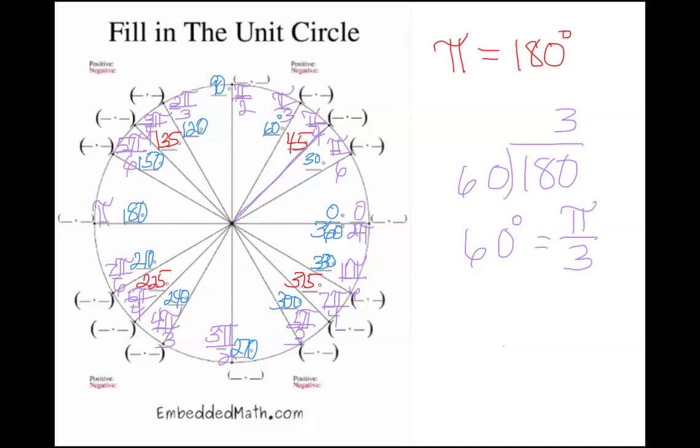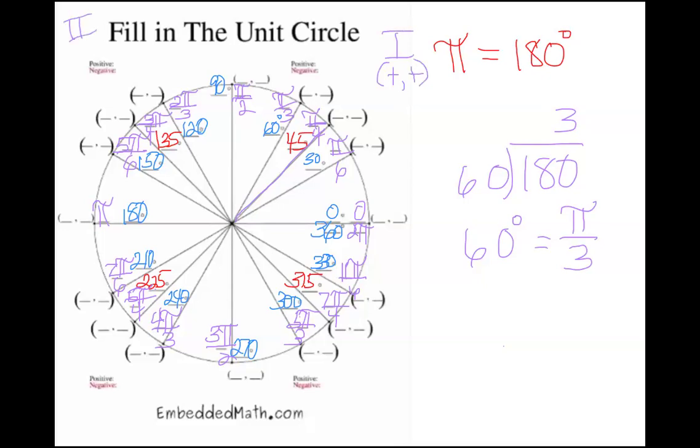But let's also look up here. So we talked before about how this is the first quadrant. And in the first quadrant, X and Y are both positive. This is the second quadrant.